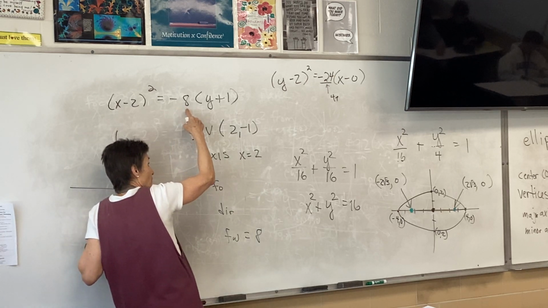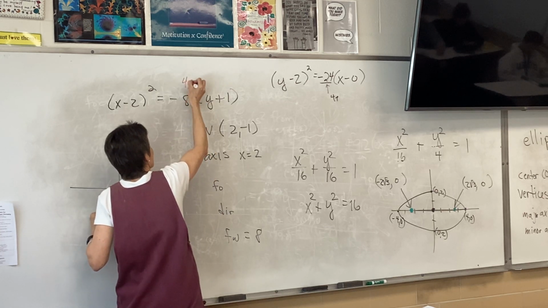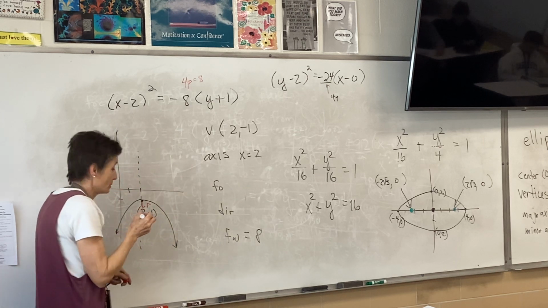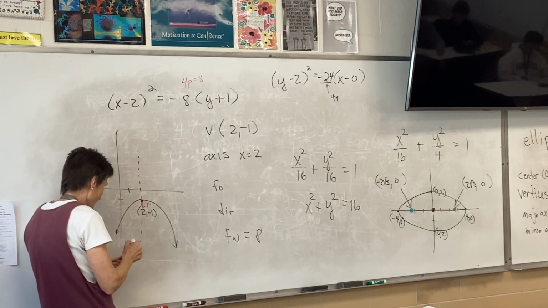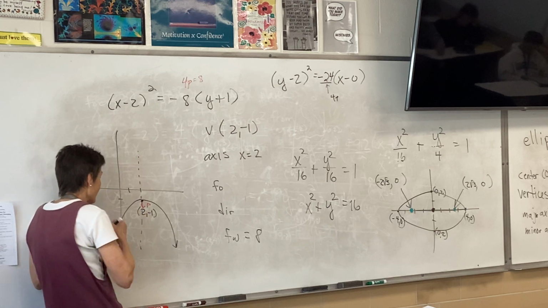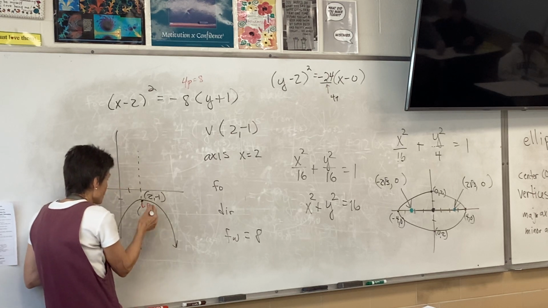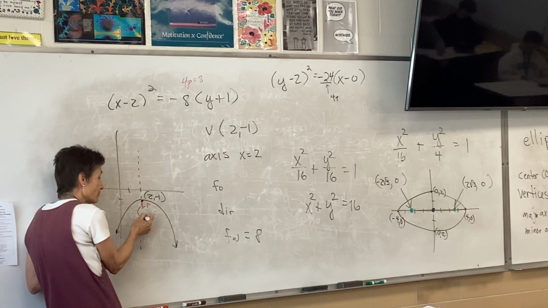What does this number tell me? 4P is 8. So P is 2. So we're gonna start right here at this point, which is 2, -1. I'm gonna rewrite that. 2, -1. And we're gonna march down 2. So where am I if I go down 2?